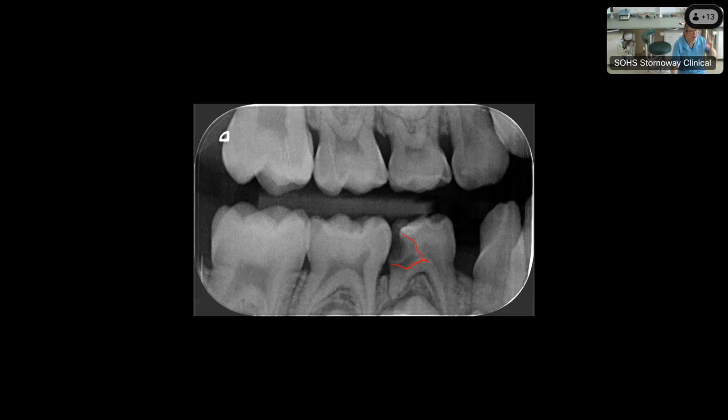Unless something radical is going on, bone levels are just normal, so that's good. Can you say normal for a child? Yes, because with a child you've got erupting teeth and exfoliating teeth. Unless we were seeing something that could not be explained by an eruption or an exfoliation, it's normal.